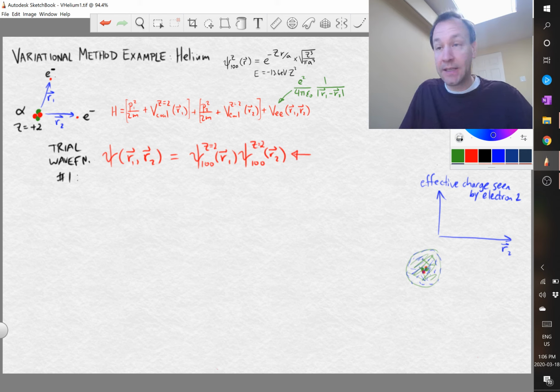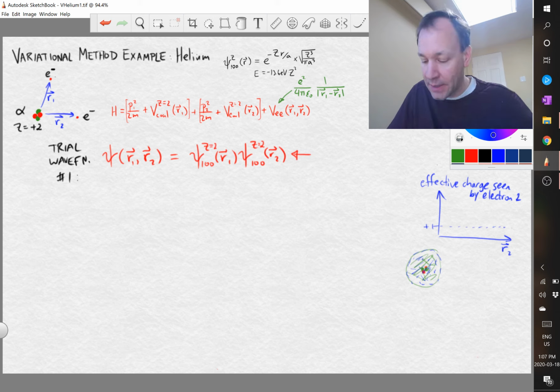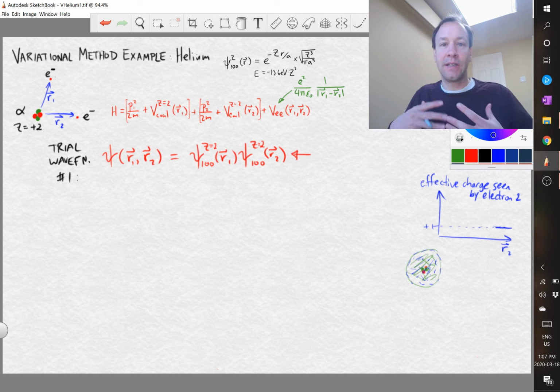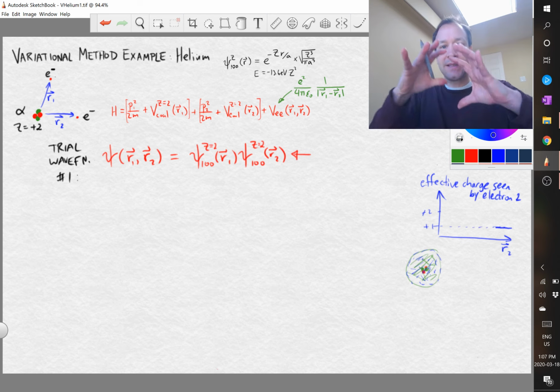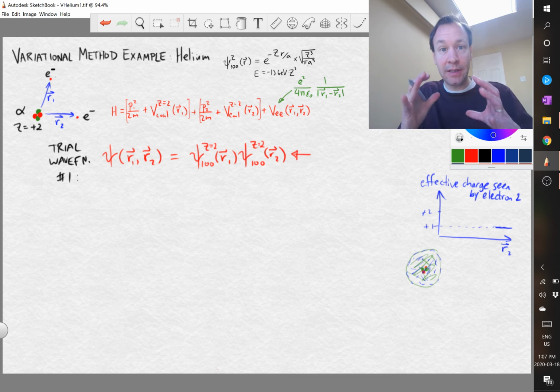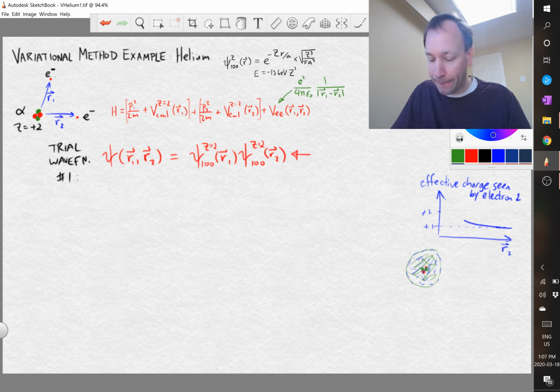What we just understood is that if you're electron 2 and you're very far away from the helium nucleus with electron 1 around it, then you're basically just seeing a charge of +1. Whereas if you come very close to that nucleus, then you no longer feel the effects of this spherically symmetric charge distribution that corresponds to electron 1, and so you would effectively see a charge of +2.